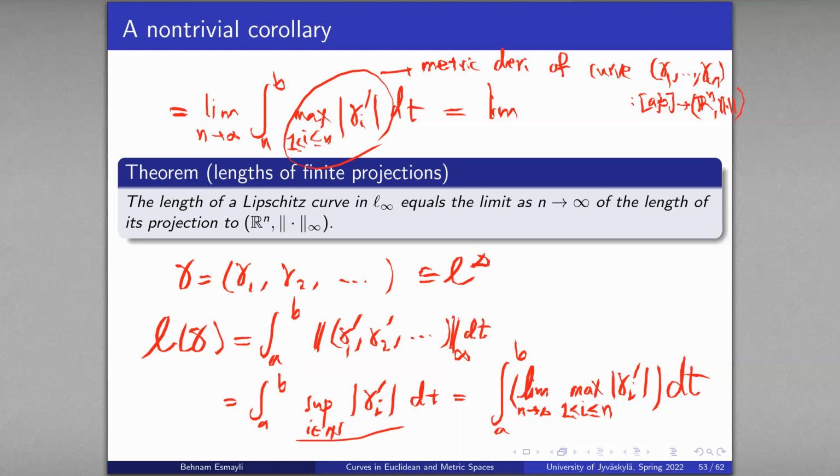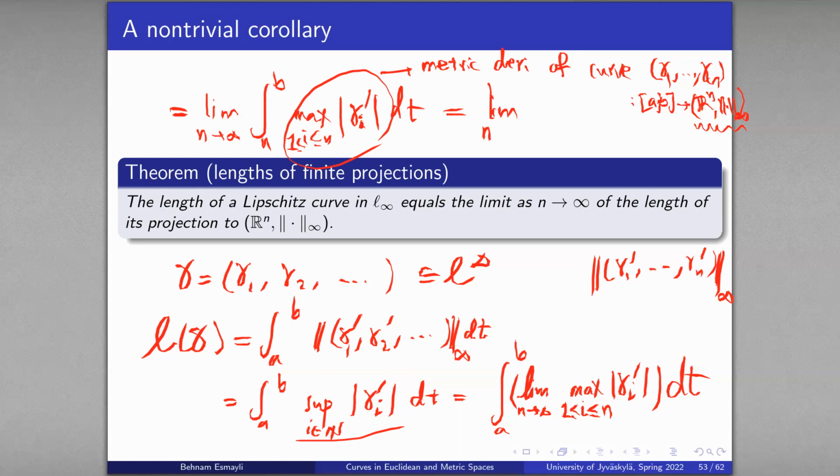And this is easy to see because this finite truncation of the curve is in fact Fréchet differentiable with derivative gamma 1 prime, ..., gamma n prime. Remember the discussion we had about finite dimensional normed spaces, and its metric derivative is just the norm of this in the appropriate norm, and that equals the maximum of these absolute values.